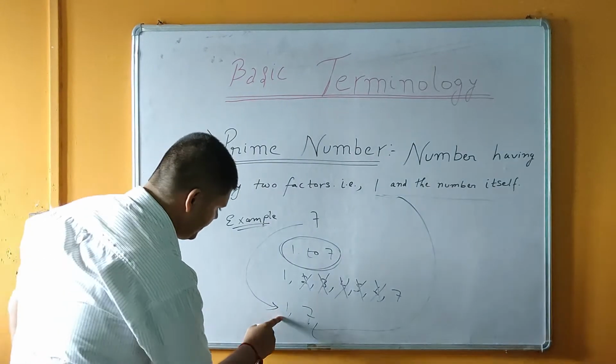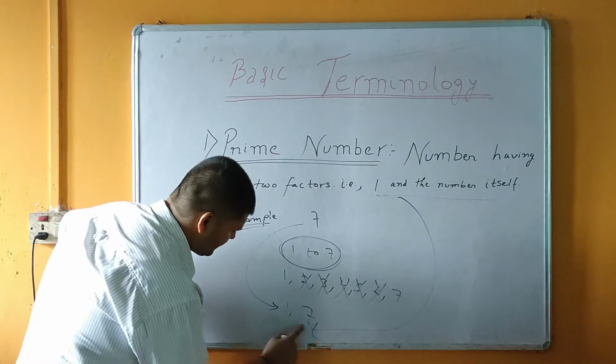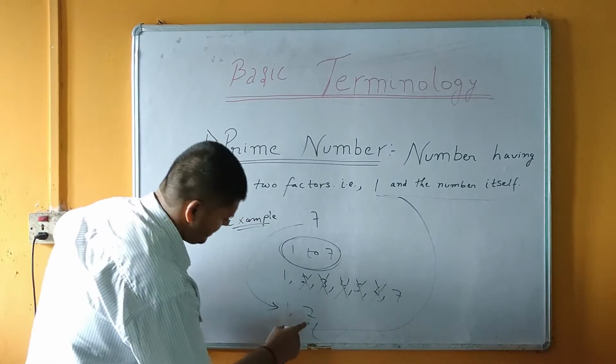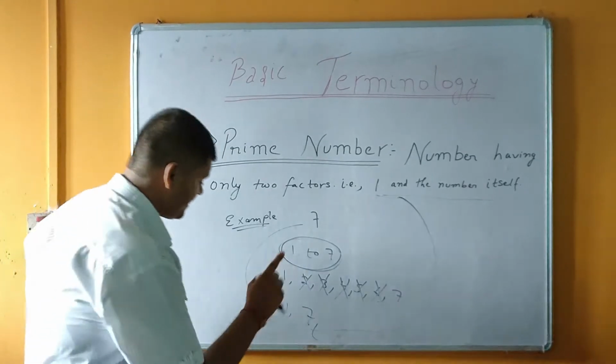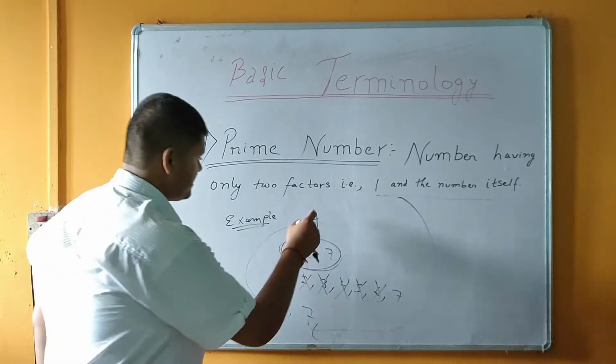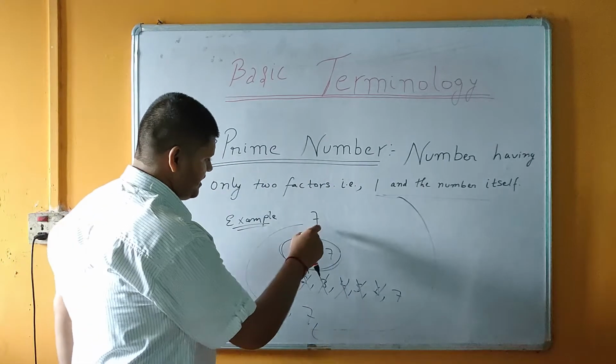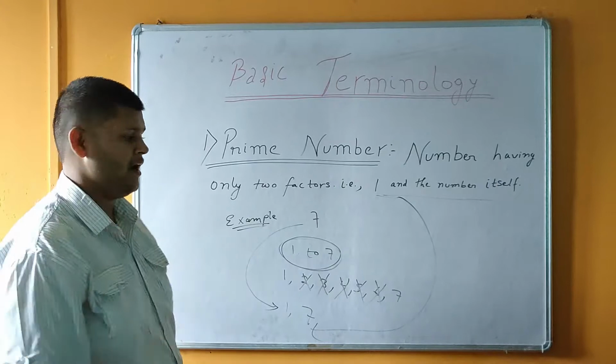For this given number we obtain the factors 1 and the number itself, so we can consider that this given number is a prime number. So 7 is concluded to be a prime number.